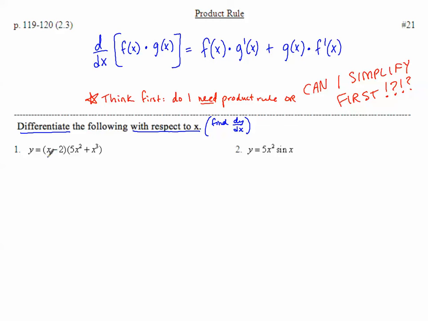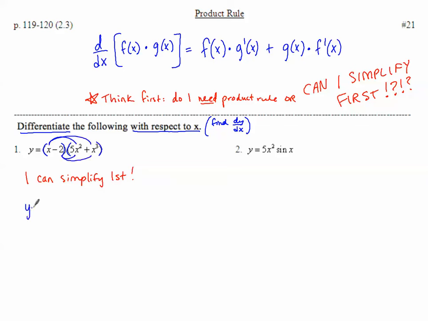Now, this is a product. I have x minus 2 times 5x squared plus x cubed. This is a product, but it doesn't have to be. In this one, I can simplify first, so I don't need the product rule. What does it look like when we simplify? Well, we have to FOIL.